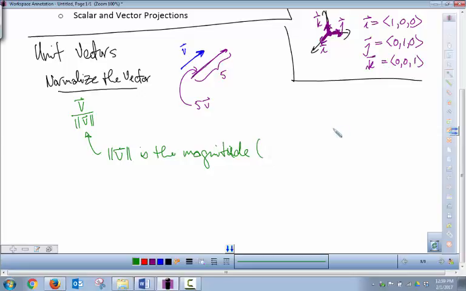So what was the magnitude? It's really the length. So it turns out that if you take a vector and you scale or multiply it by 1 over the length, or essentially divide by the length, then it becomes a unit vector.